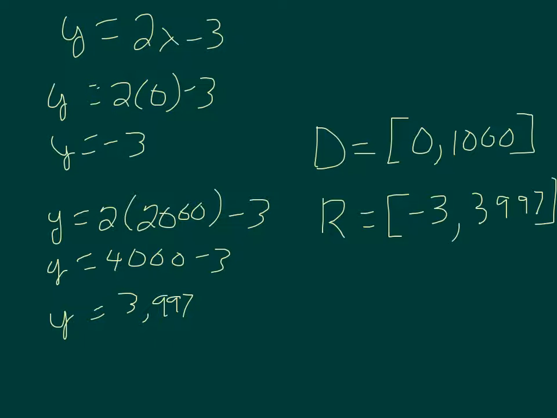Now let's turn our attention to the quadratic equation. As you know, the quadratic equation has the function y is equal to ax squared plus bx plus c. The thing that makes this a quadratic equation is the fact that you have a squared coefficient, and that's the highest power you have.